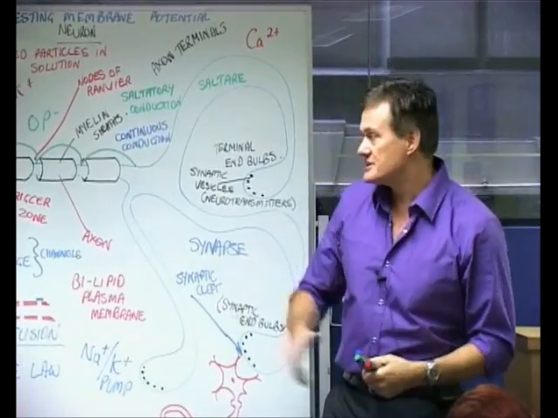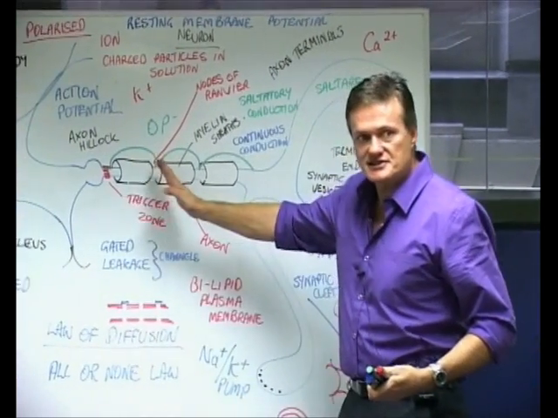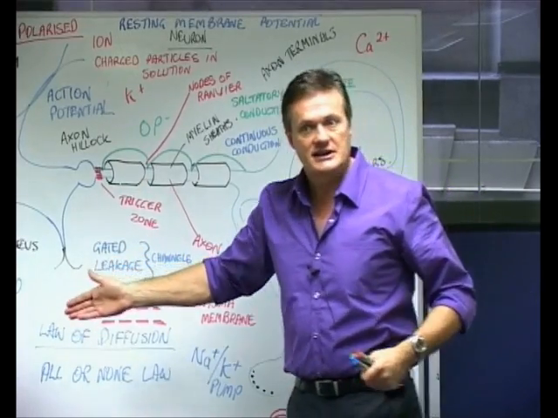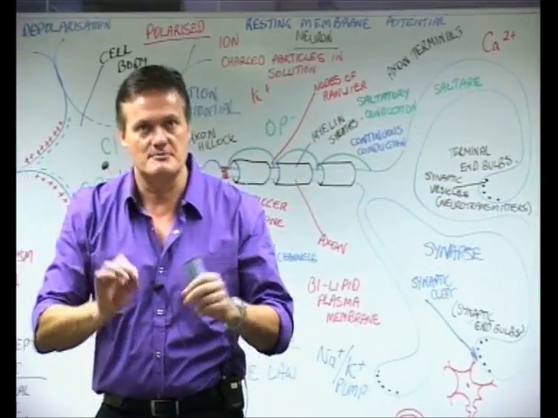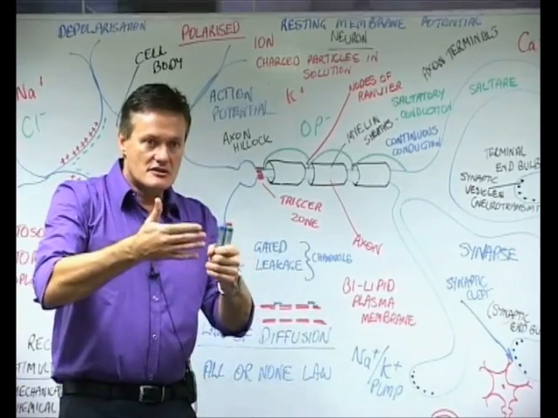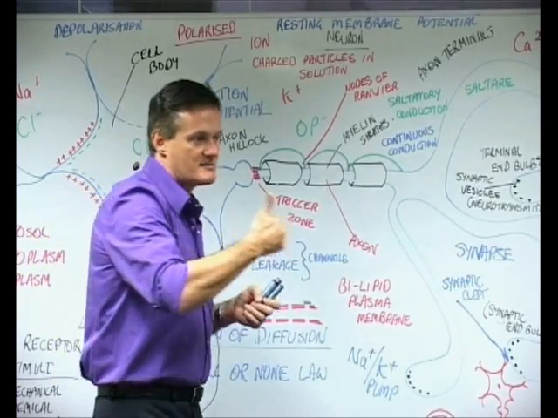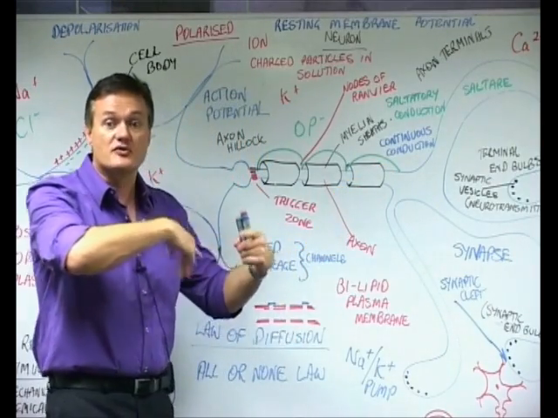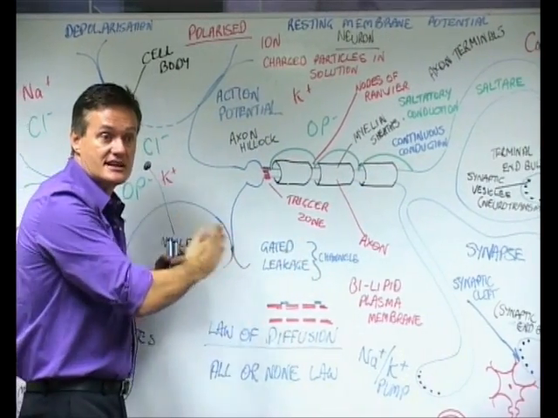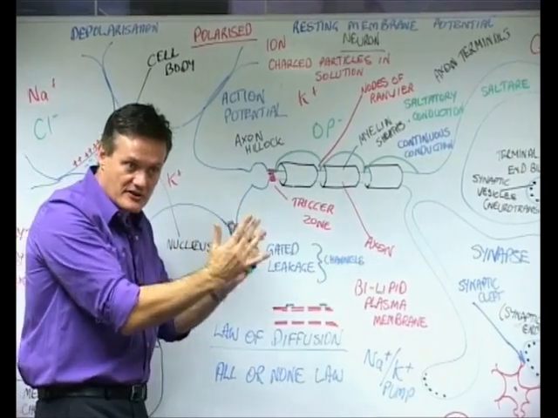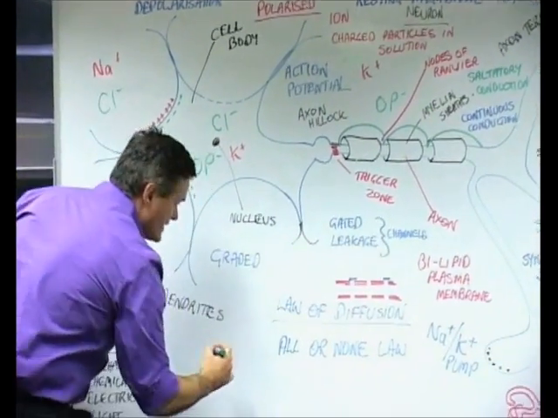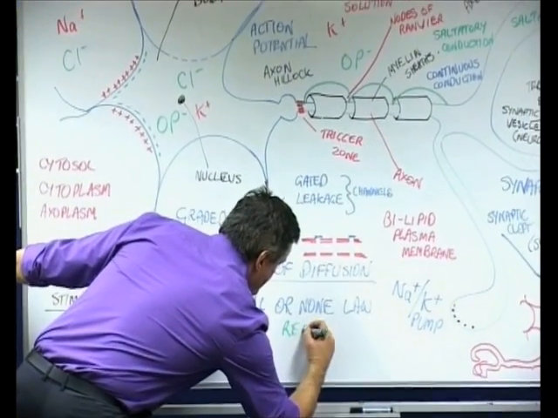Now, I mentioned that as a signal passes, the membrane is being prepared for the next signal. Now, this is a really important time and an important concept. That time between when an action potential has passed along the membrane and when it is repolarized and once again ready to take a new signal, that period of time, is called the refractory period.